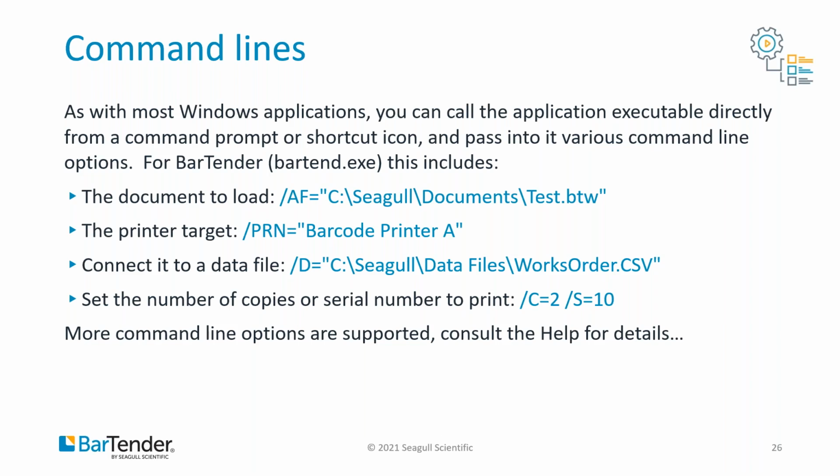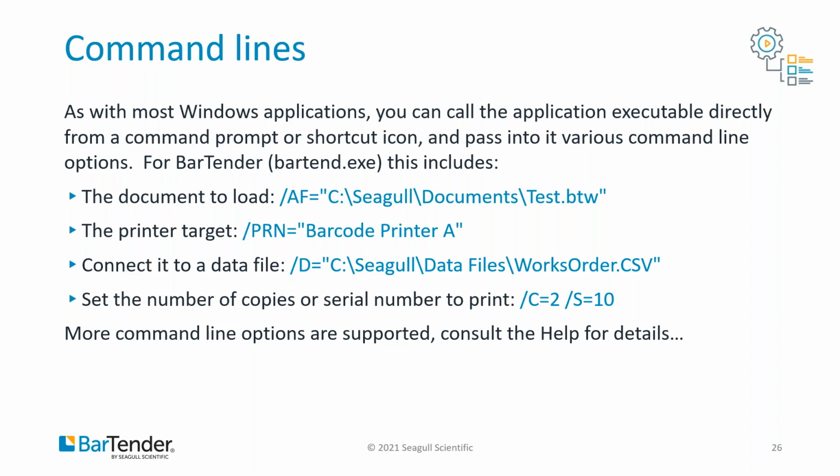Some common command options would be to load a particular document, to specify a printer target. If you need to connect to a data file, you can define the data file that you wish to connect to, set the number of copies that you wish to print or serial numbers, and then execute. And it will execute the BarTender application and perform those actions as part of that.